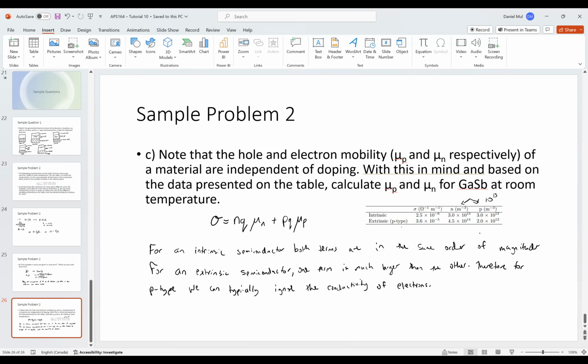So since this is a 1 over meter cube and this is a 1 over meter cube, we can typically ignore this value here and then just work with this P contribution.